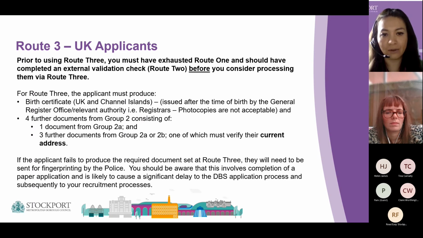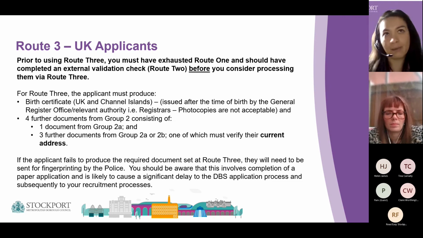So if you've not been married or you've never had a paper driving license, then it's difficult for someone to go down route 3 because they can't provide that additional group 2A document. This is where we advise that perhaps they try and obtain a group 1 document.